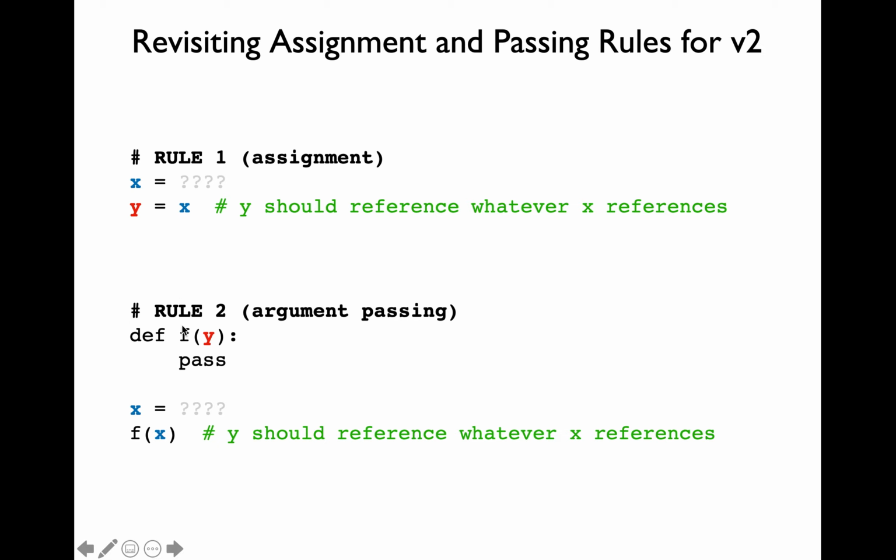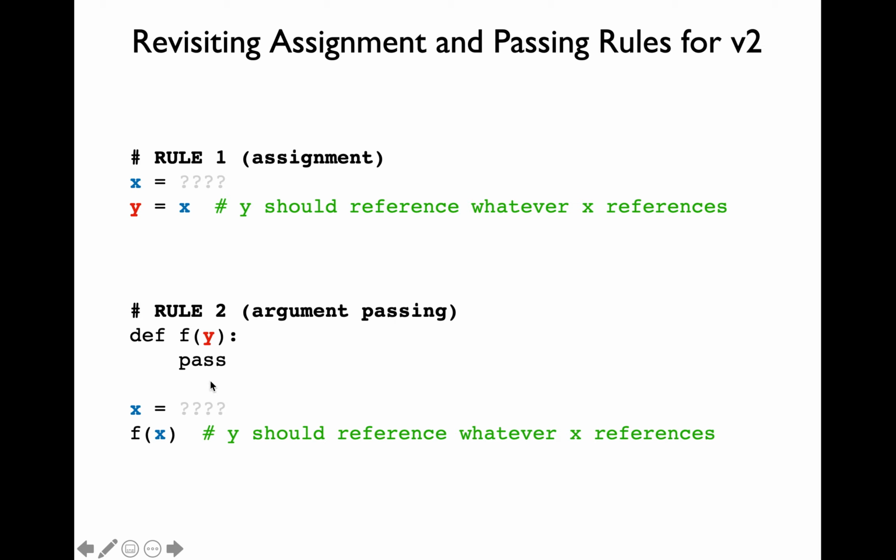I have a function definition for function f, which includes the parameter y. Let's say that we are creating some object instance within the global frame and adding a reference to that particular object instance into the variable x. Then we are invoking the function f by passing x as argument.